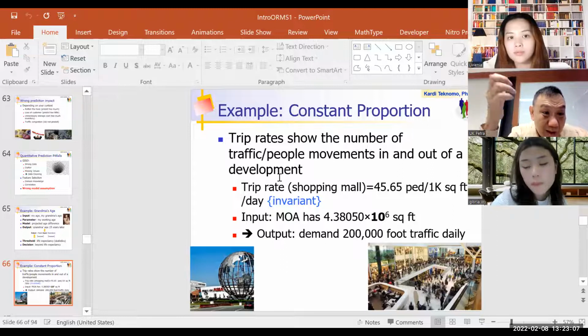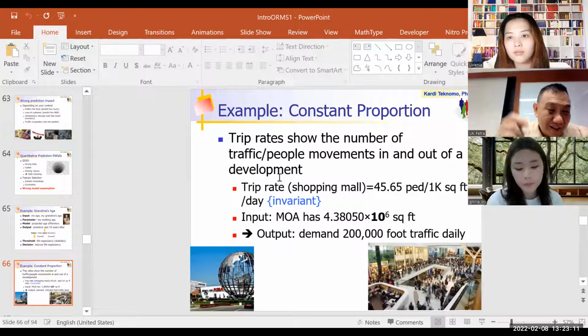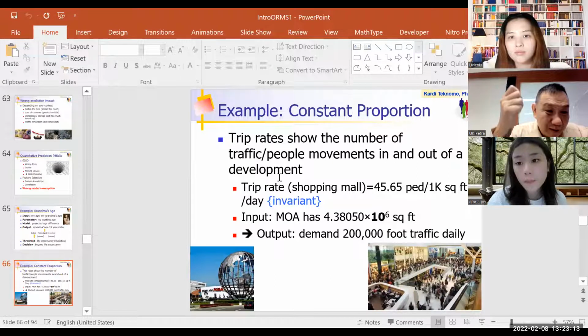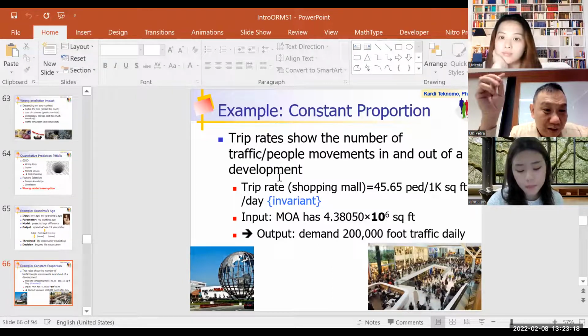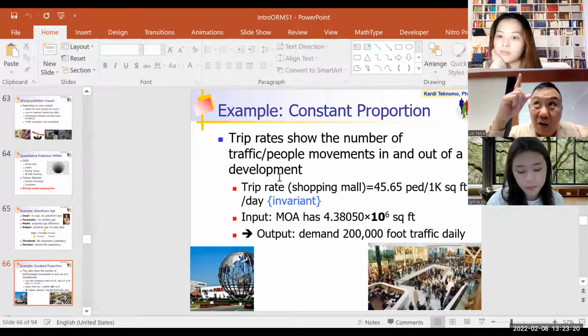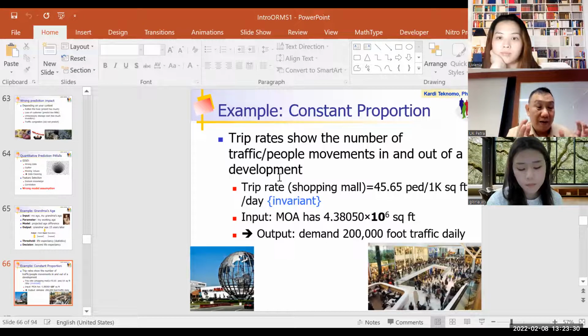They count the traffic on that road, for example, Raya Darmo in Surabaya. So you can check the number of traffic there. Then based on the traffic, they will say a certain percentage of this traffic will look at that advertising. Very simple constant proportion here. And then they say this is the revenue that you will get, estimated.